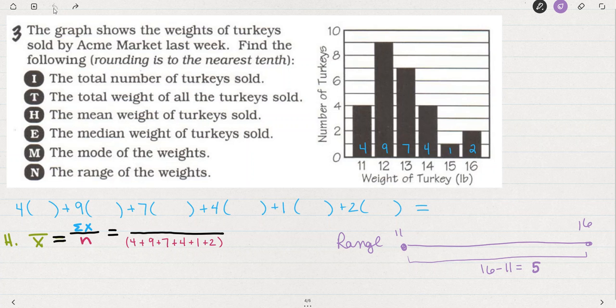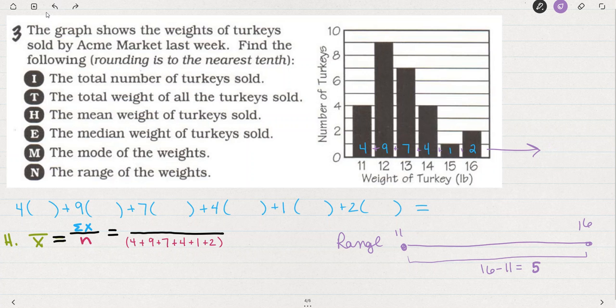And the total number of turkeys sold is going to be the sum of this list. So 4 plus 9 plus 7 plus 4 plus 1 plus 2. If I added those all up, I'd get the total.